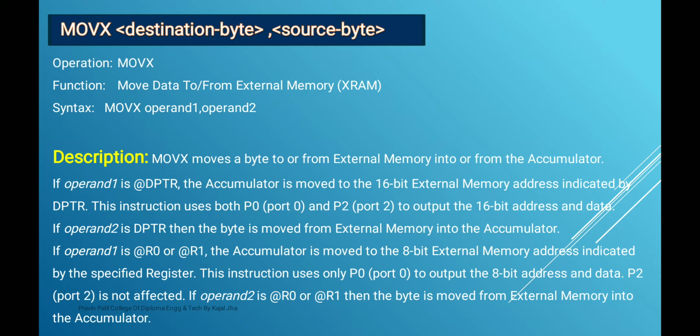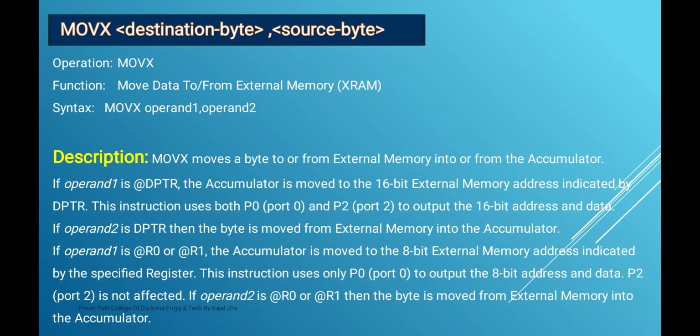After that, MOVX, destination byte and source byte. Here, MOVX moves data to or from external memory, that is XRAM. Syntax is MOVX operand 1 and operand 2. MOVX moves a byte to or from external memory into or from the accumulator.